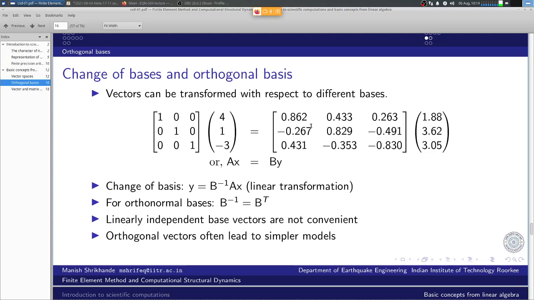With reference to the x, y, z coordinate system, these are the directions of those vectors, and we use these new vectors as the basis. And with respect to this new basis, what is the coordinate of the same point which has the coordinates 4, 1, minus 3 with respect to this particular i, j, k frame of reference? That is what we are doing here.